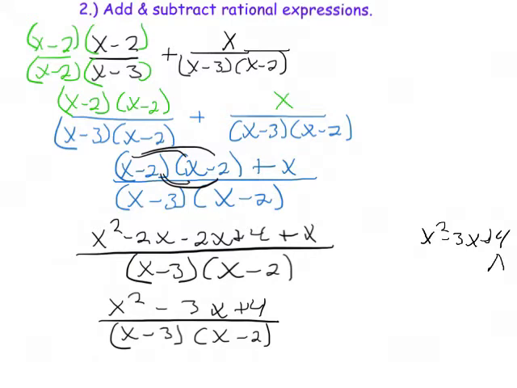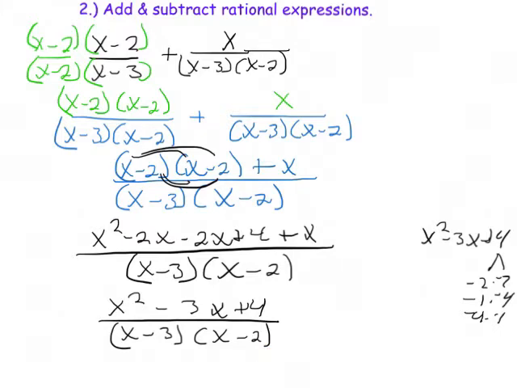Are there any factors of 4, now notice here, don't forget, this is a plus, this is a minus, are there any factors of 4 that will add up to give me a negative 3? Well, we have negative 2 times negative 2, negative 1 times negative 4, negative 4 times negative 1, and no, none of them are. So what does that tell us? That tells us that it cannot be factored, therefore this is our answer right here.